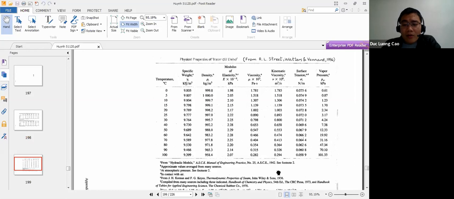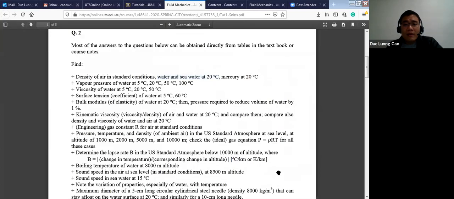In the quiz or the final exam, when you see water, the density of water is 1000. Don't worry about 999.8 or 999.7, 1000 is accepted. Water at 20 Celsius is 1000. It's similar for seawater, you can assume the density of seawater is constant.